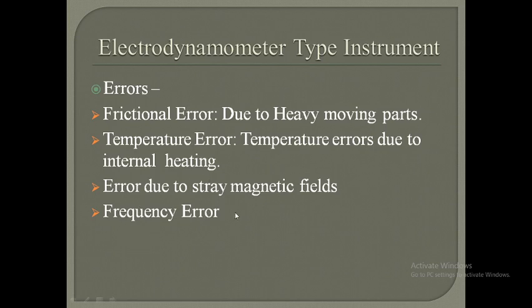That is also a problem, because if there is a change in frequency, there will be a change in the reactance of the coil, and that change is going to change the value across the system, whatever you are calculating. So these are the types of errors which occur in the electrodynamometer type instrument.